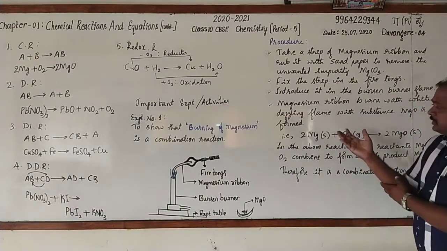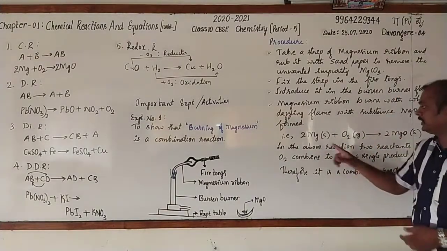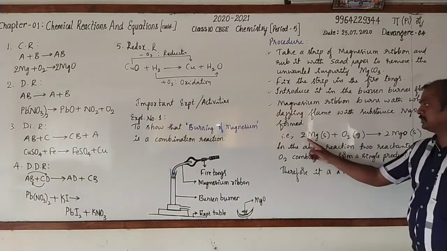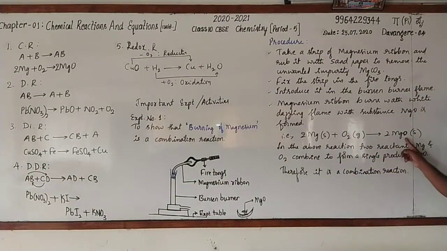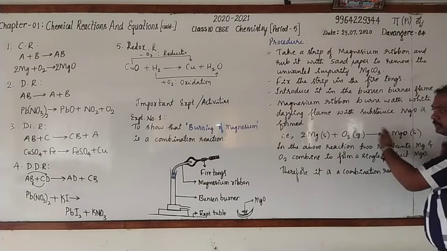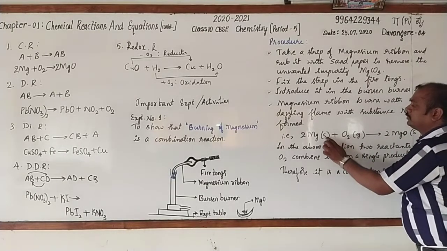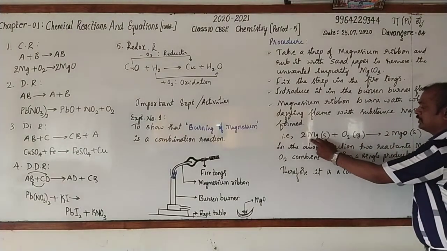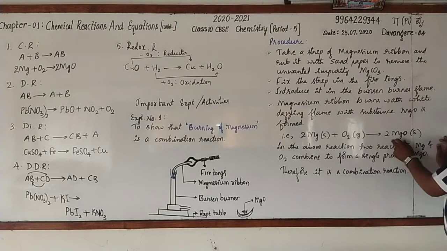So that is the observation, and the equation can be written like this. Mg plus O2 gives rise to MgO. Then we have balanced it. 2Mg plus O2 gives rise to 2MgO. And to make it more informative, we have mentioned their physical states as well. Magnesium is a solid, oxygen is a gas. Whatever magnesium oxide is formed, it is a solid. It will be in powdered form.